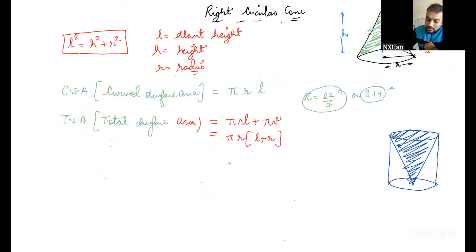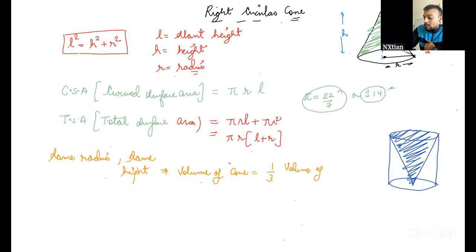So with the same radius and same height, volume of cone is equal to one third of volume of cylinder.